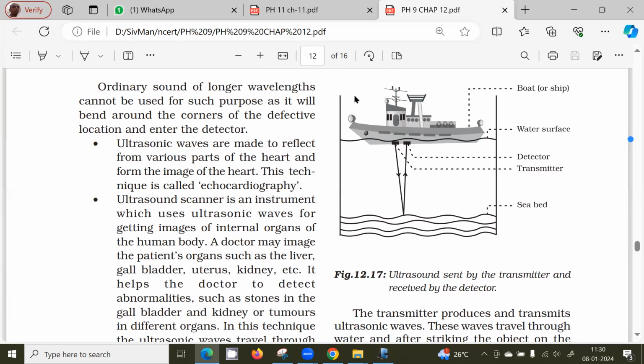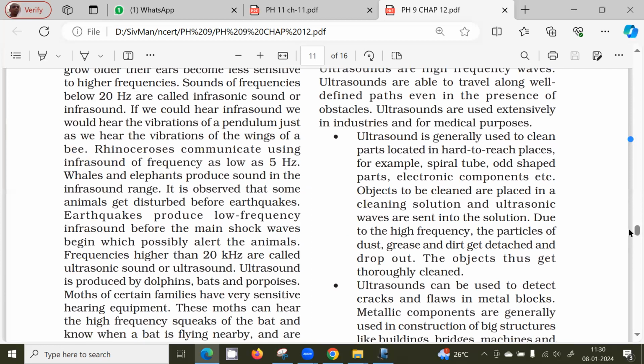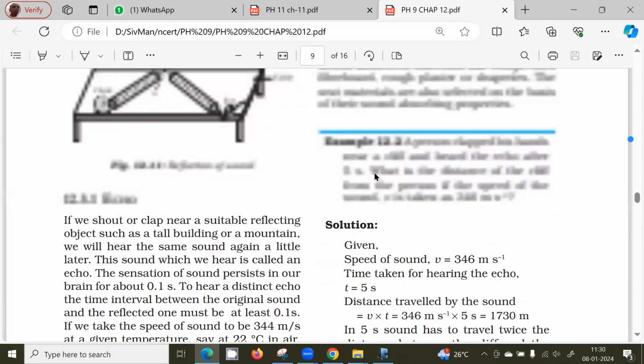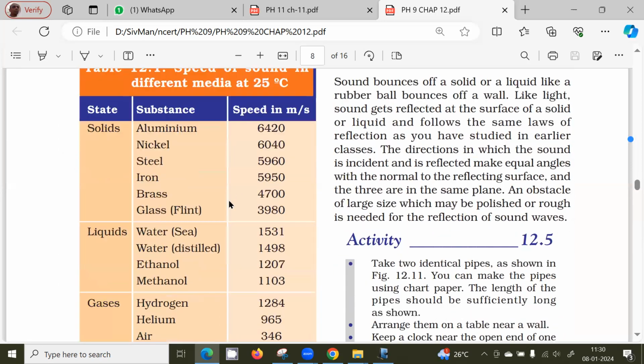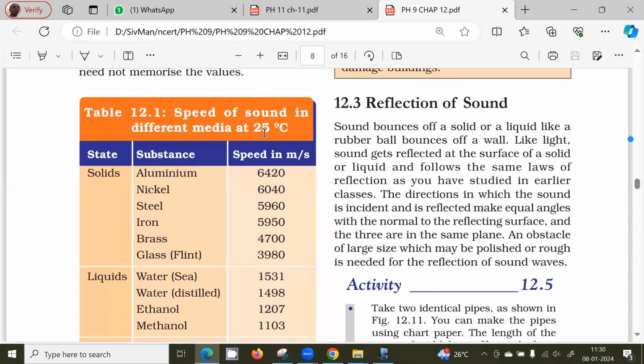Speed of sound in air is 330 meters per second. Speed of sound in water will be more. Speed of sound in solid is more compared to liquid or gas. It also depends on the temperature. Suppose you fix the temperature at 25 degrees Celsius.